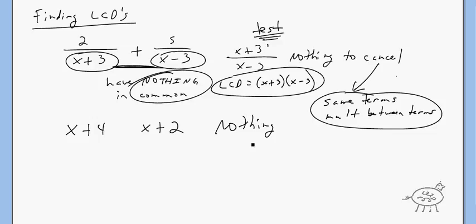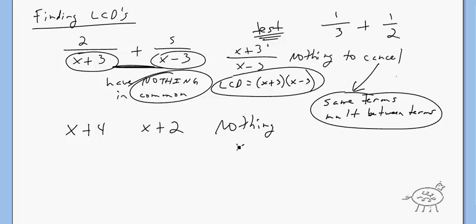It's kind of like 1/3 plus 1/2. What do 3 and 2 have in common? They really don't have anything in common, so it's 3 times 2, which is 6 as your LCD. So since x plus 3 and x minus 3 have nothing in common, the LCD is x plus 3 times x minus 3. What do x plus 4 and x plus 2 have in common?